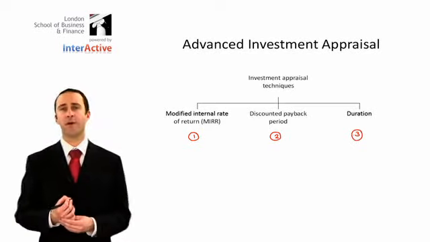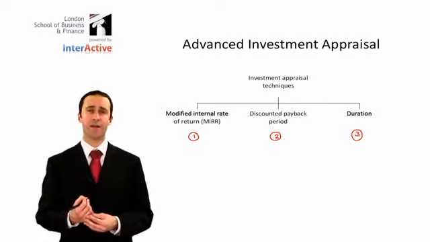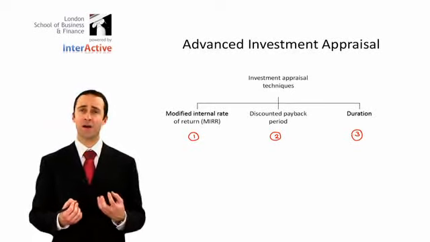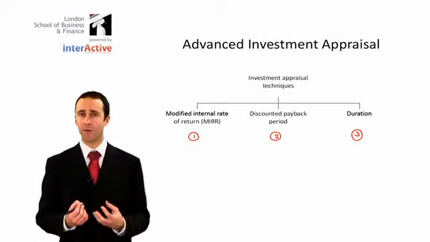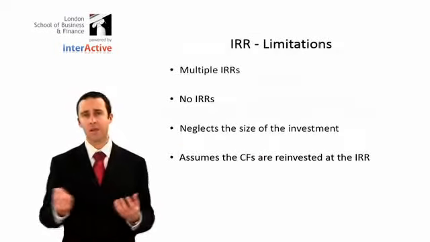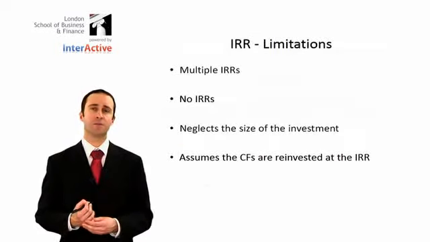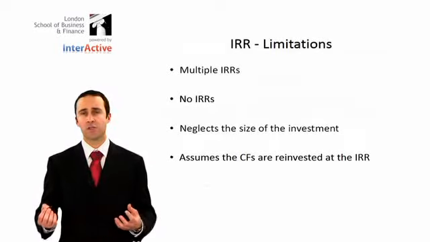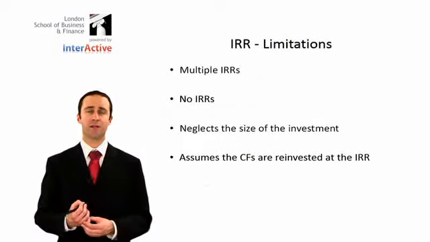The best way to start looking at your modified internal rate of return is to start by looking at your internal rate of return and the limitations that there are. The limitations that we have in terms of your internal rate of return are fourfold. Some of them you will remember from the days of financial management.